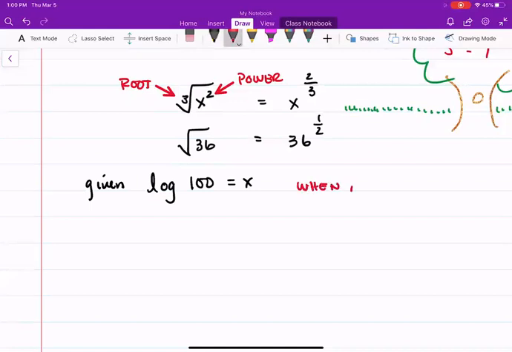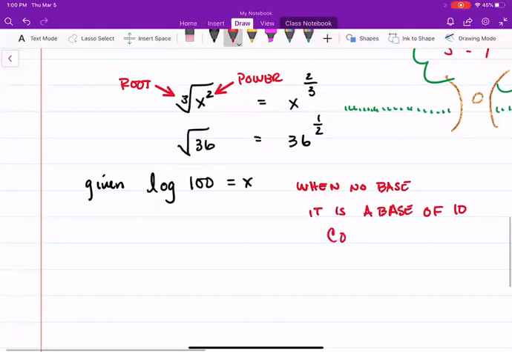So when there's no base, it is a base of 10. And this is called the common log. Correct. If there's no base, it's a log base 10.